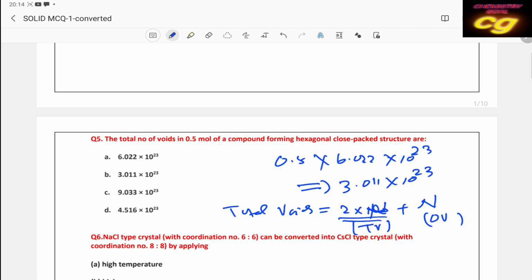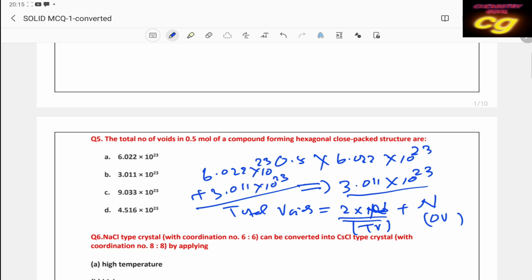So the number of octahedral voids is always equal to the number of particles. As the number of particles is 3.011 into 10 to the power 23, this is the octahedral voids, and tetrahedral voids will be 2 into this much. So the answer will be 6.022 into 10 to the power 23, plus the remaining 3.011 into 10 to the power 23.